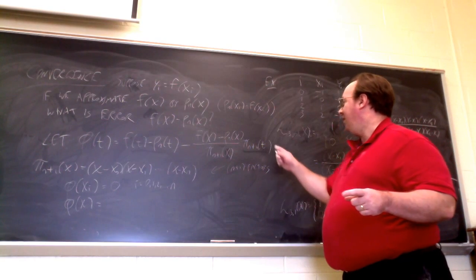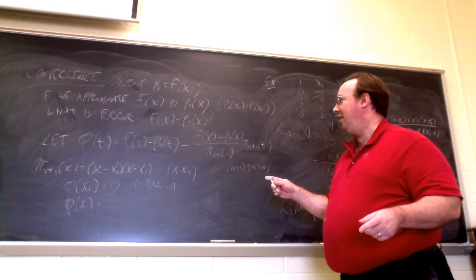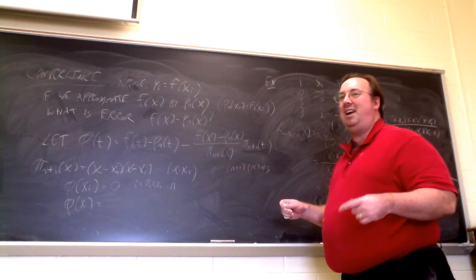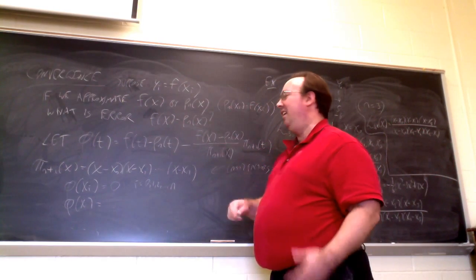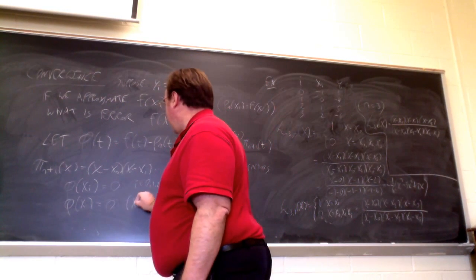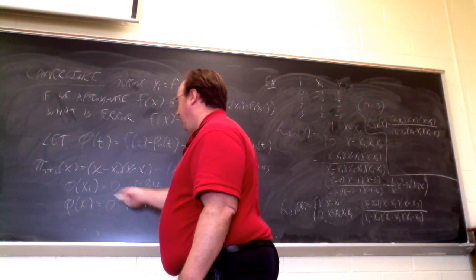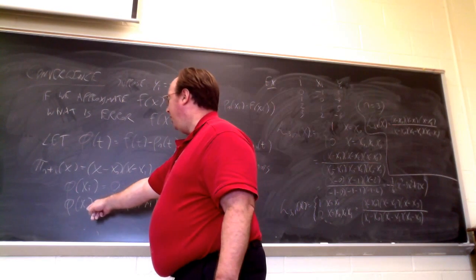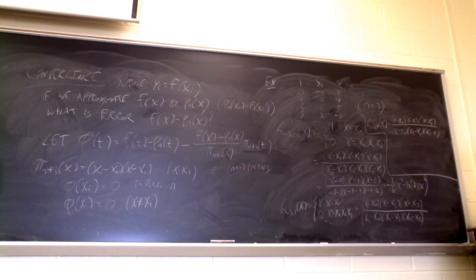The pi terms simplify, and then you get f of x minus p of x, which is 0. And the other thing I should point out here, we're assuming that x is not equal to any of those points. I mean, if it was, it would still be 0, but I'm in a case where x is distinct from all the other points, because when x equals xi, we know what the error is. It's 0. We want to find out what happens away from that.